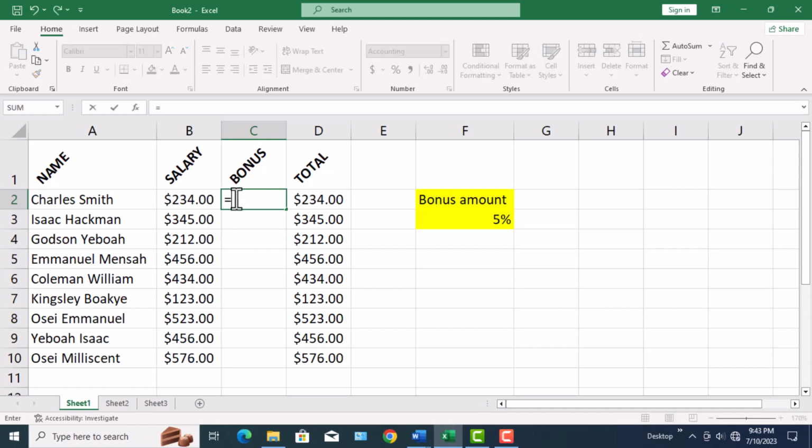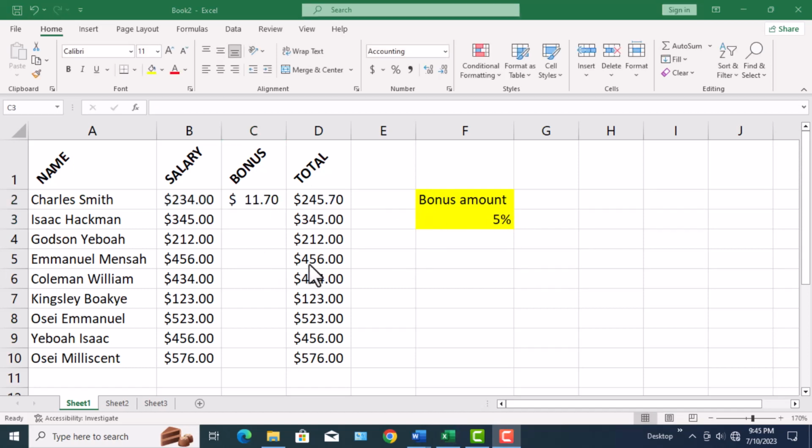Then we do it for the first person, Charles Smith, that is B2, multiplying the bonus amount, that is 5%. Then I'll hit enter. As we did for the total, let's try and replicate this for all the students and see what happens.